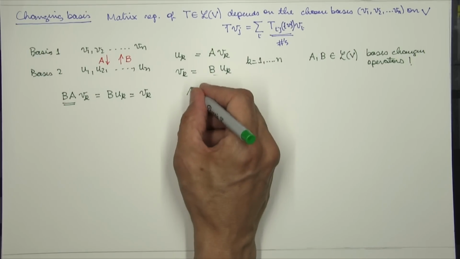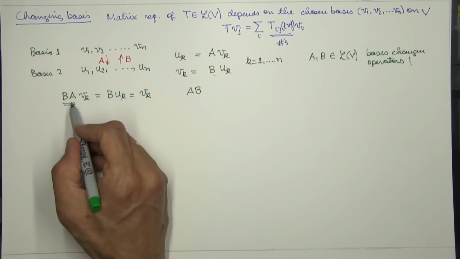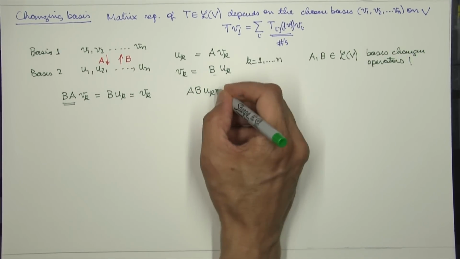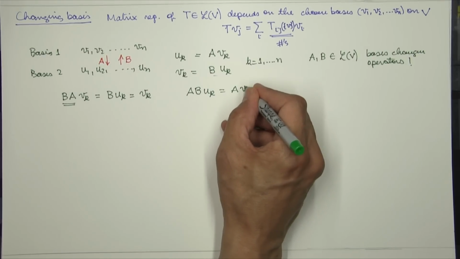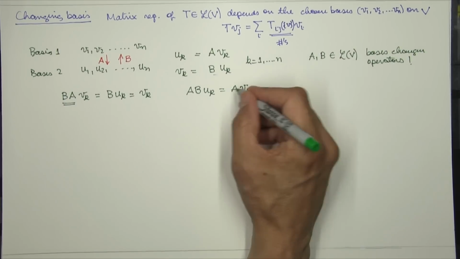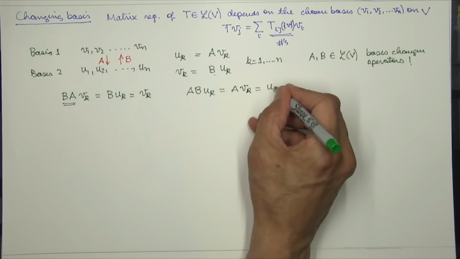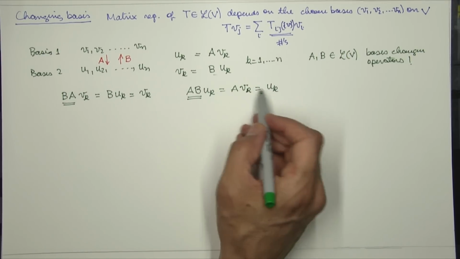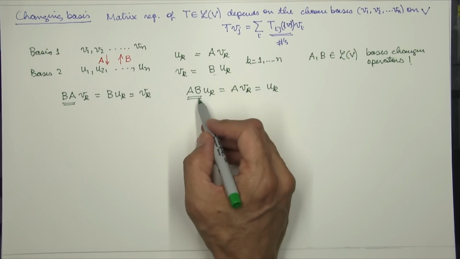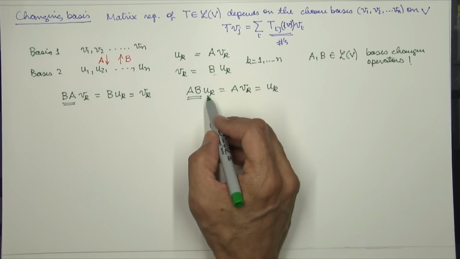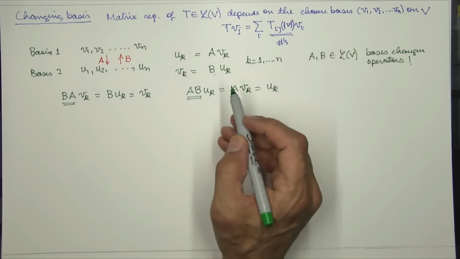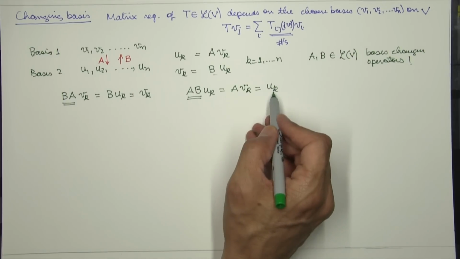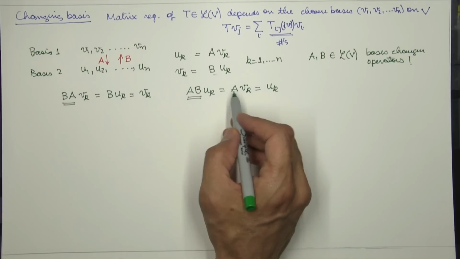Similarly, you could say AB is the identity. AB on Uk, B on Uk is Vk, so this is A Vk, and A on Vk is Uk, so again, AB doesn't do anything. It's an operator, in fact, that leaves vectors fixed, unchanged. It does that because it does so for every basis vector in a basis.